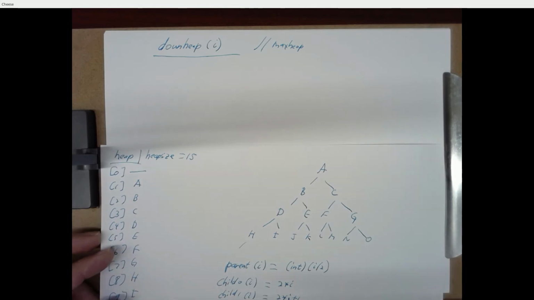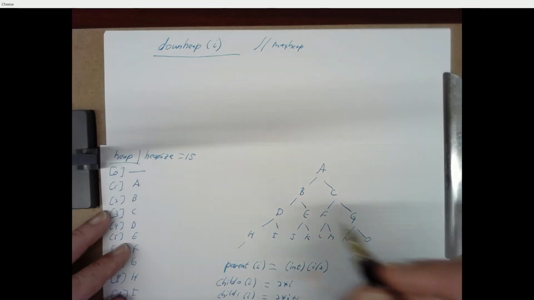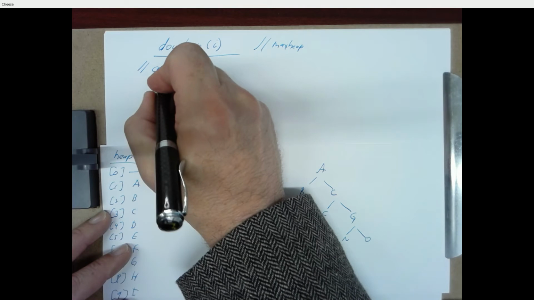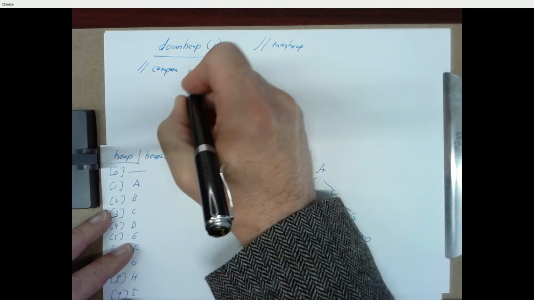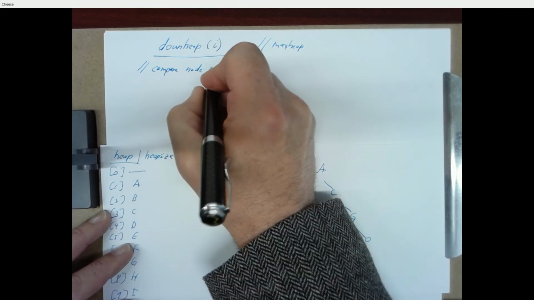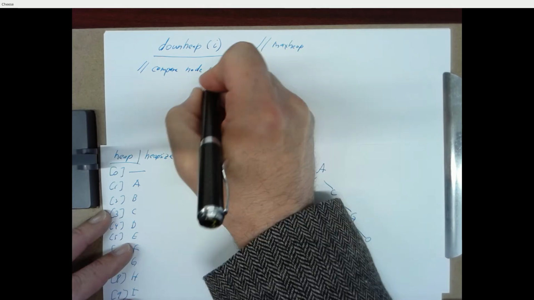So we can do this a variety of ways, but compare node I with children.